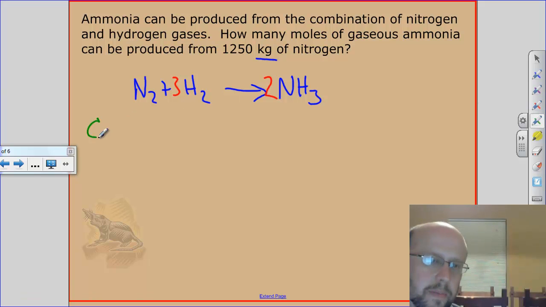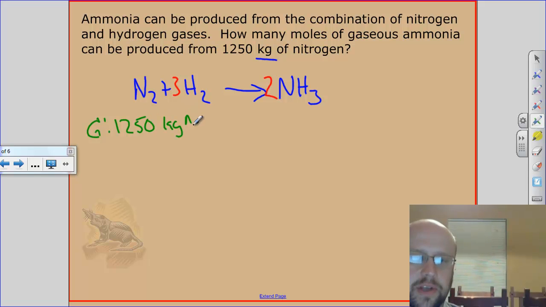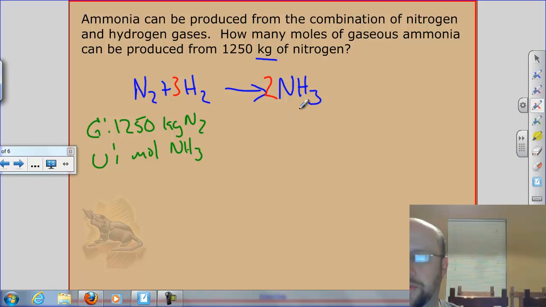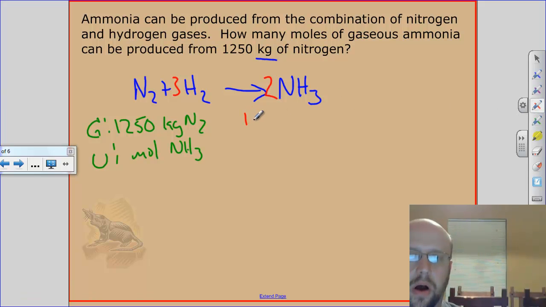So given 1,250 kilograms of N2. My unknown is moles of NH3. Okay, so we're going to do the mole ratio. 1 mole of N2 equals 2 moles of NH3.